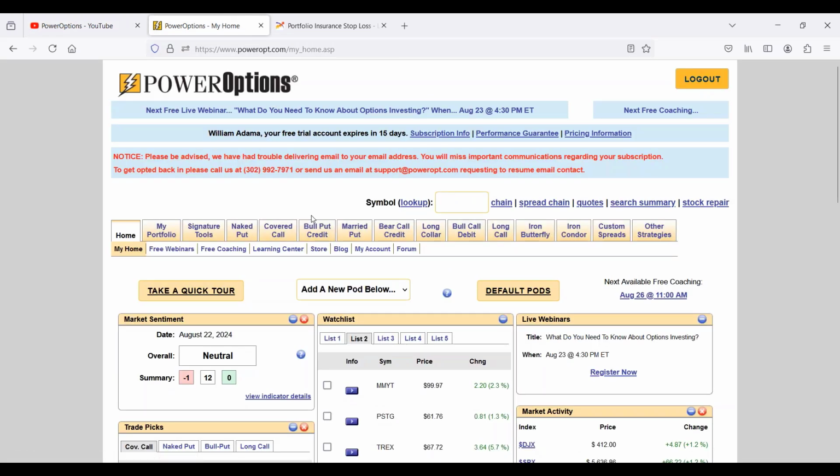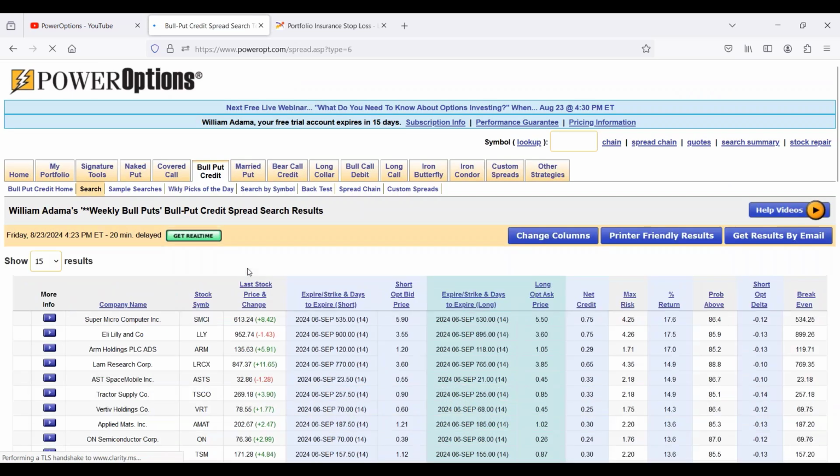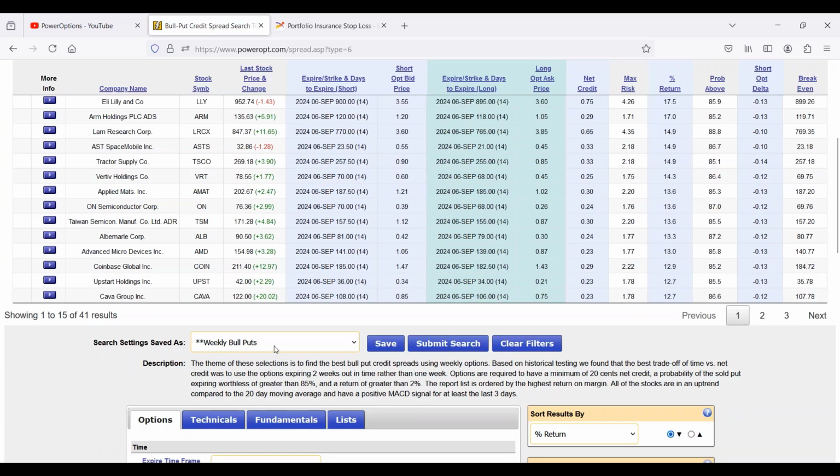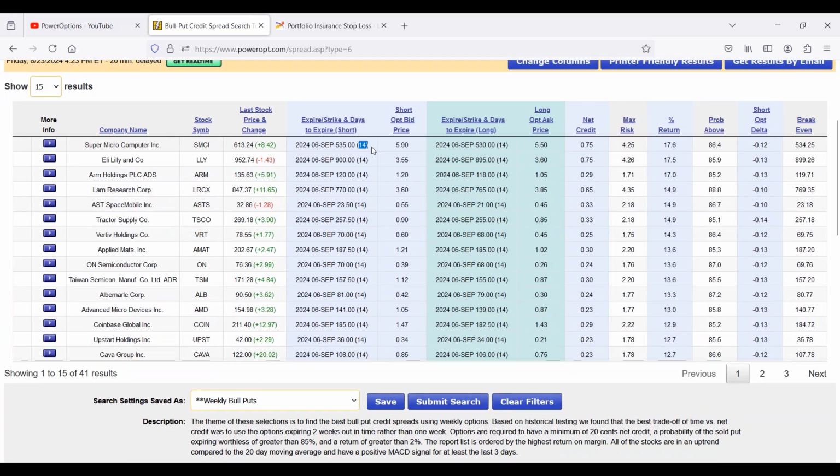Personal preference, Rick. And many of you that have been to my webinars before, I always prefer to use a credit spread over a debit spread when I'm going shorter term. And what I mean by that, Rick, is that when I'm looking for minimum net credit, my preferred bull put credit spread search, what I use for my criteria, the weekly bull puts here, 14 days out in time.